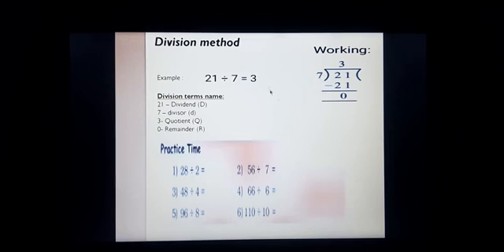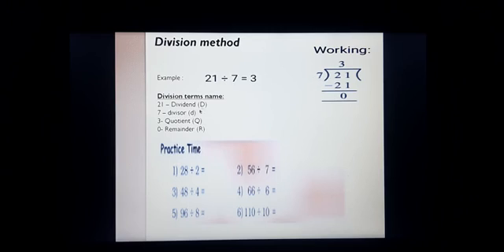What these names are called, I'll show you. So 7 3s are 21. 21 minus 21 is 0, right? So the division term names are given here. This question 21 is called the dividend, which is written inside the bracket, denoted by capital D. Next is 7, because 21 is divided by 7, so that will be called the divisor, denoted by small d, written outside the bracket.